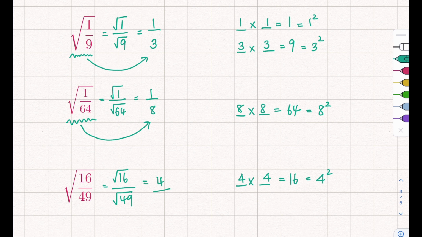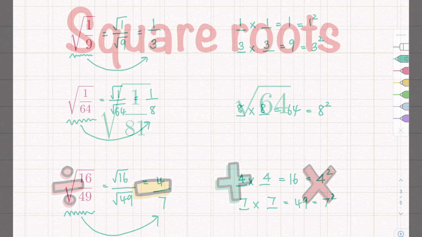And for the bottom, the square root of 49, what times what gives you 49? And the answer is 7. And so 7 squared makes 49, and so the square root of 49 equals 7. So the square root of 16 over 49 equals 4 over 7.